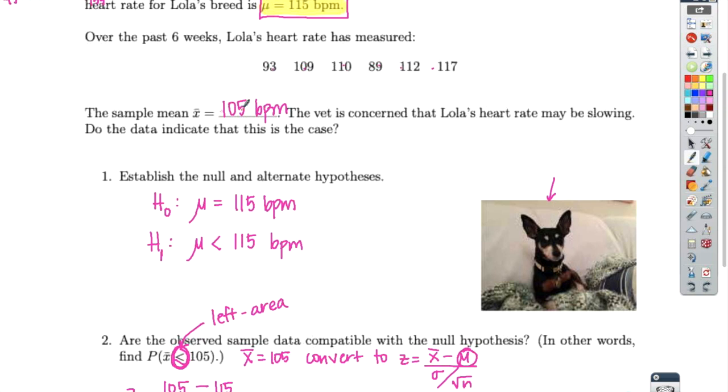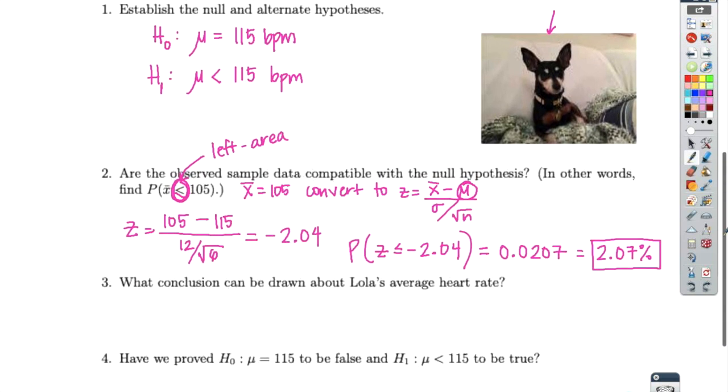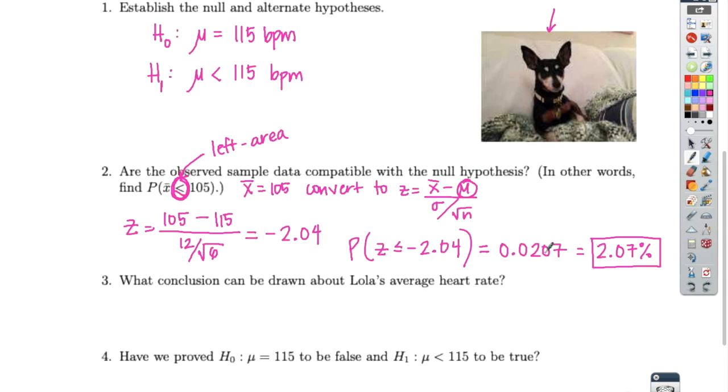So we found an average of 105. And now, by converting that to a z-score and finding the associated probability from the table, we see that there is a 2.07% chance that the heart rate that we find would be that low, which is pretty small.